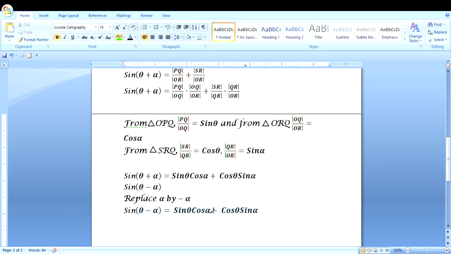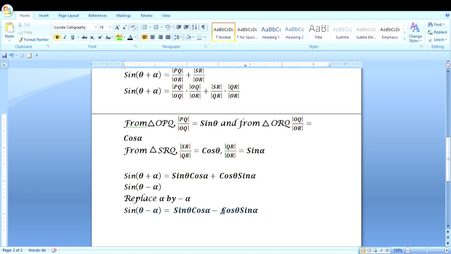The reason being that we are dealing with acute angles, and they all fall within the first quadrant. That means all are positive in the first quadrant, since it is acute angle. So the only difference here is the sign will definitely change.